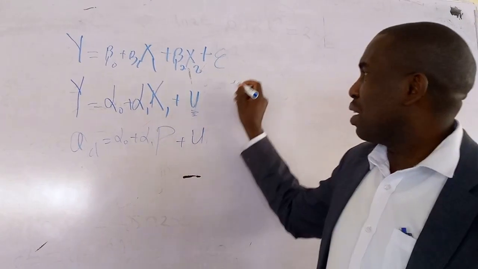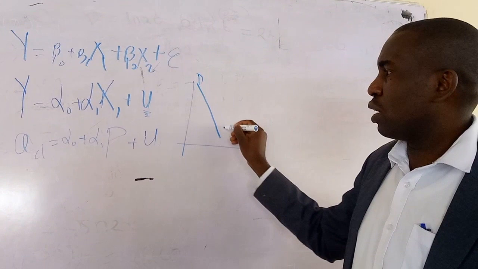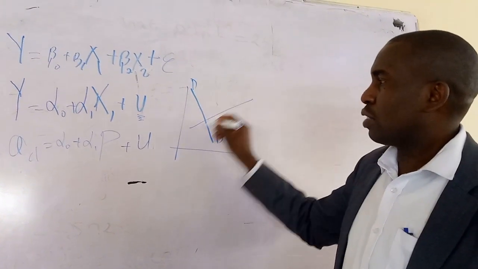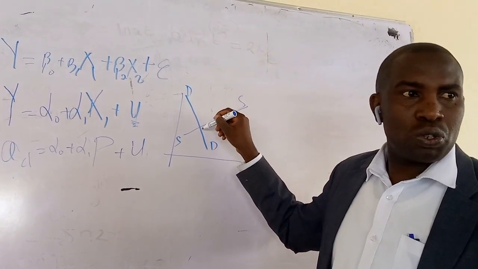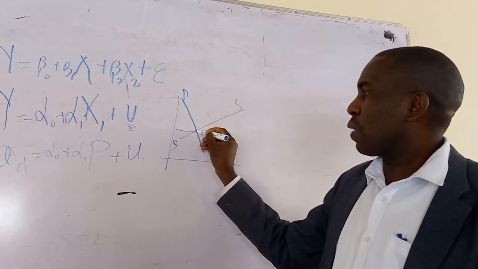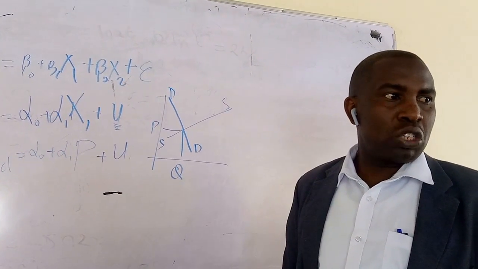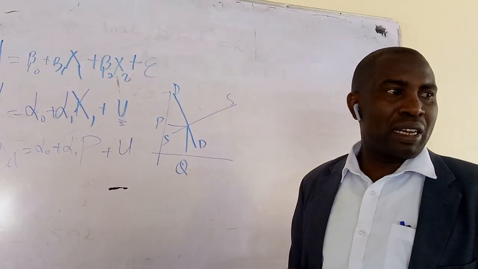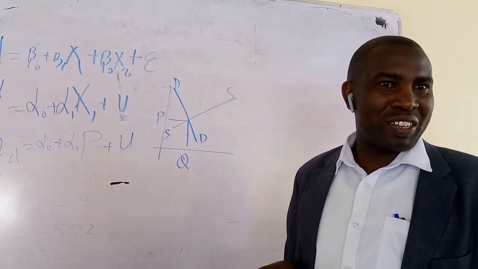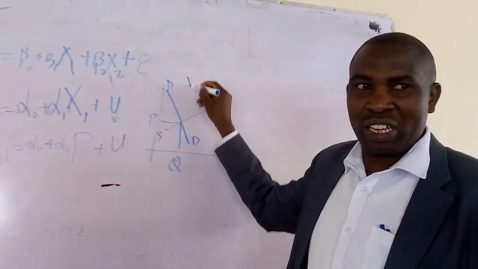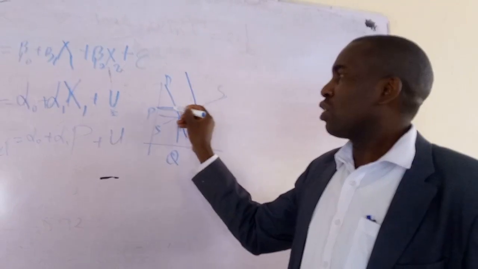If you plot price against quantity, and income was to change, what will happen to this demand curve? Income will shift it outwards. So if it shifts outwards, what happens to the price?